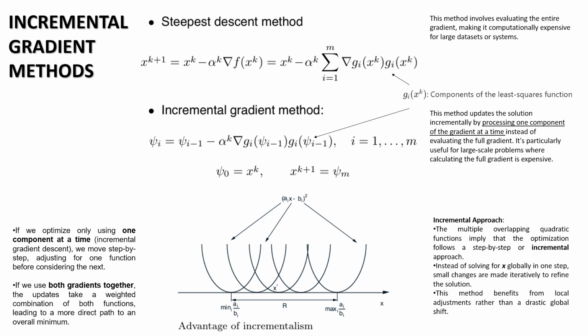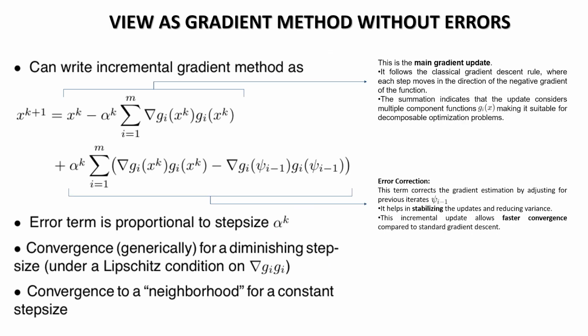Incremental methods handle one component at a time, moving closer to the solution with each step. The solution minimizes the overall quadratic objective, represented as a minimum of the sum of the individual terms. And the approach avoids the need to compute the full gradient, saving computation time and memory, especially for large-scale problems.